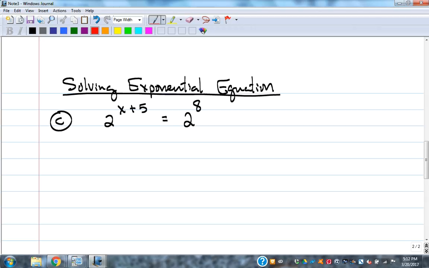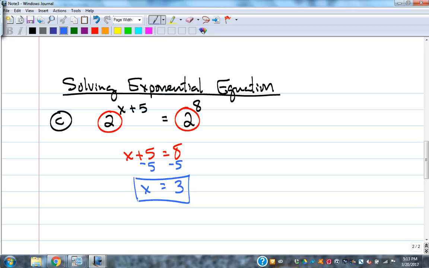Every one of them you see in this section should be able to be balanced to the same base. Here the bases are already the same. So that means the exponents must be equal to each other. If 2 to the x plus 5 is equal to 2 to the 8th, then x plus 5 should equal 8. And then we just solve that simple equation. x is 3. And we've solved it.